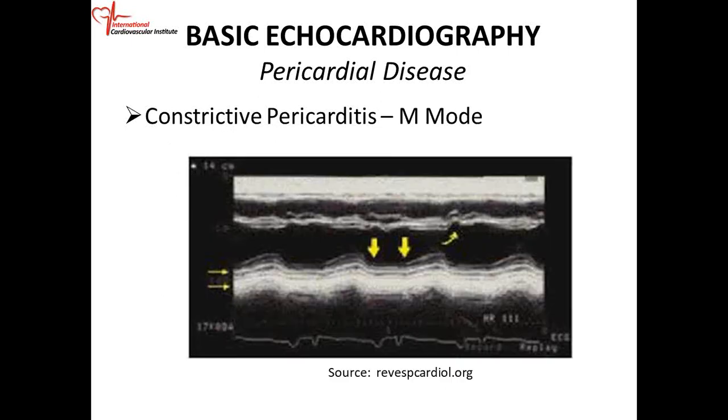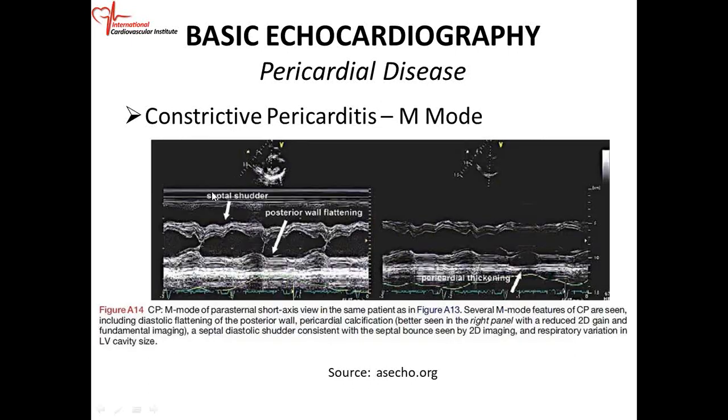Okay? All right, so this is the posterior wall flattening. You see that in M mode, so you look at the posterior wall flattening. M mode you can also see the septal bounce.